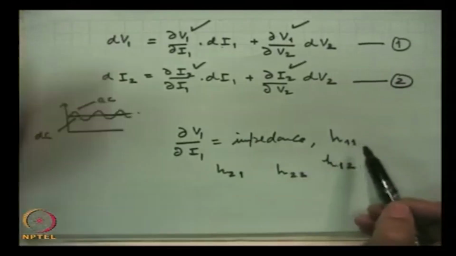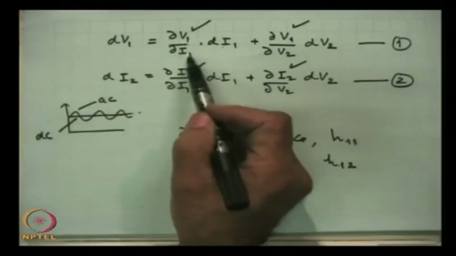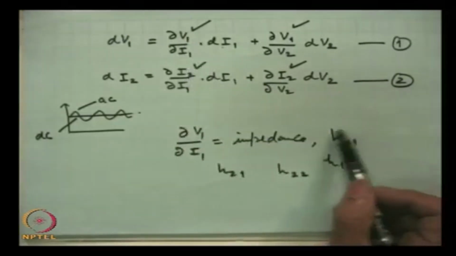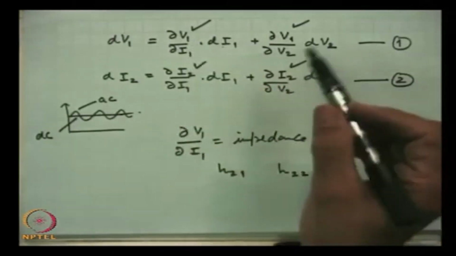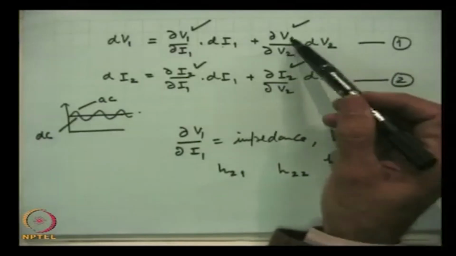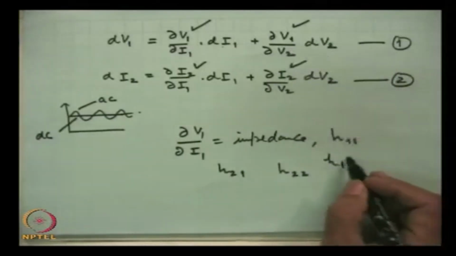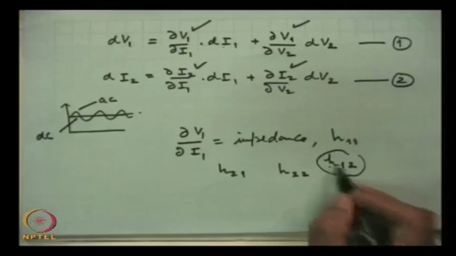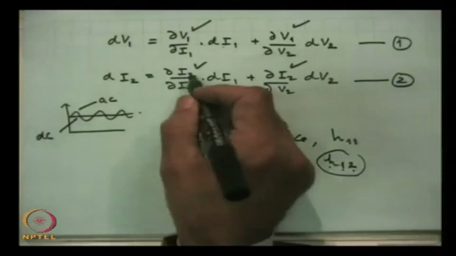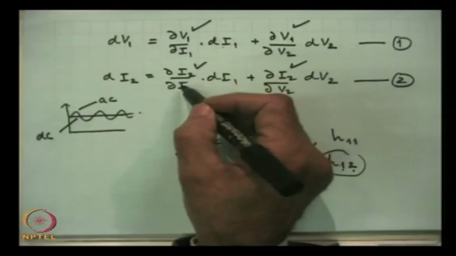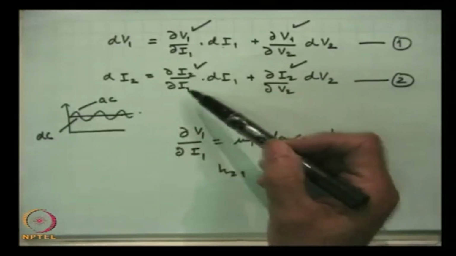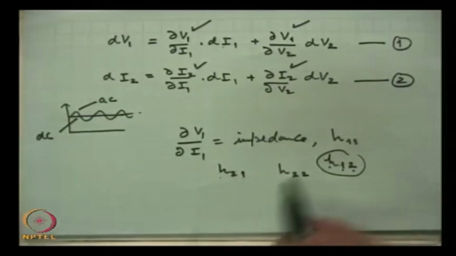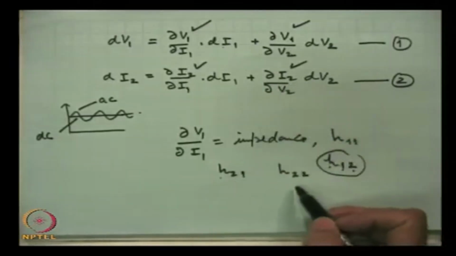Now, this is not random. See, both quantities involved in H11 are from port 1, V1 I1. So, 1 1. Here it is 1 2. So, this is H12. Here the ratios are of current and two ports are involved, the output port and input port. So, H21 and similarly here H22.